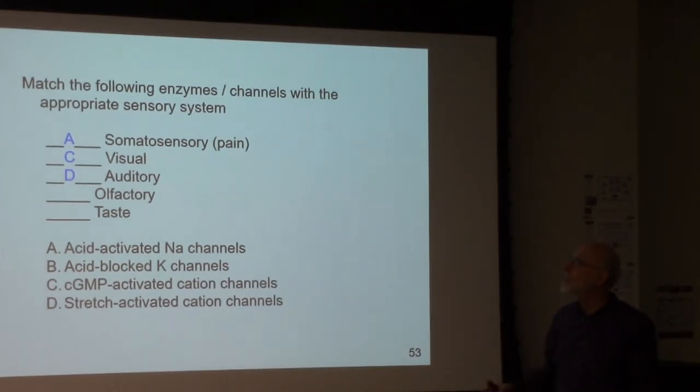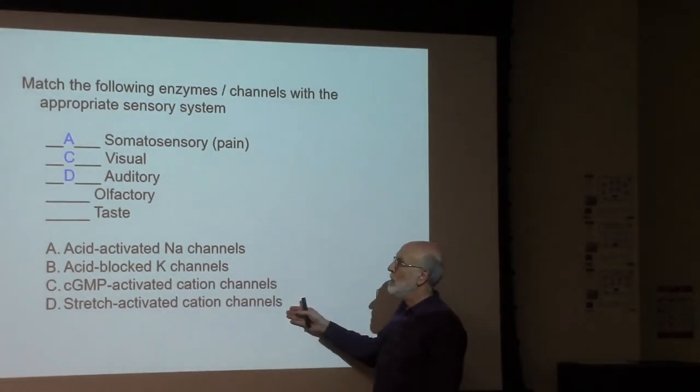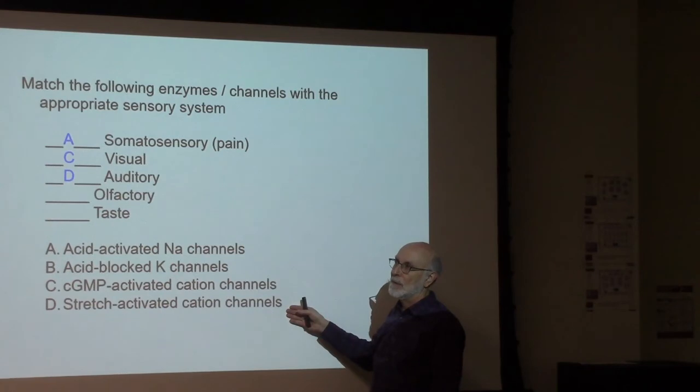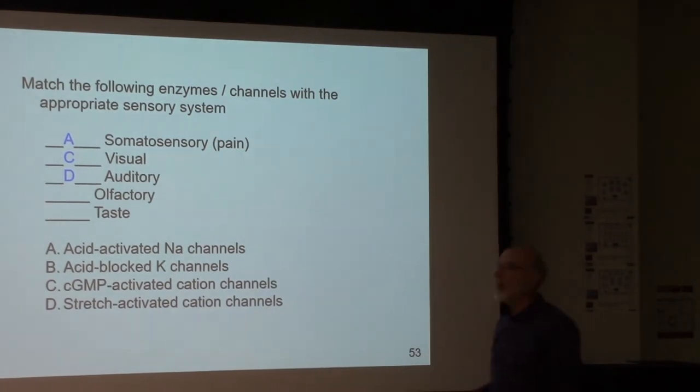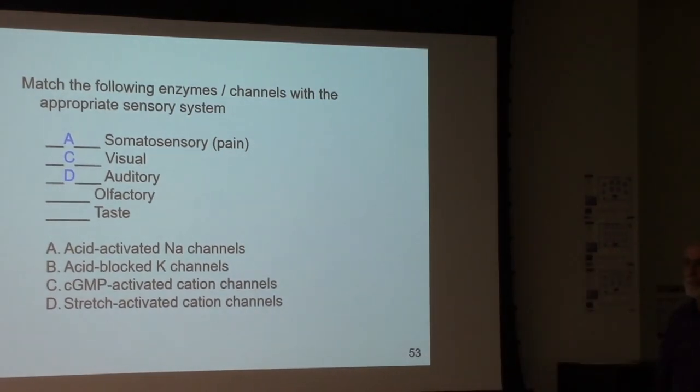Olfactory system. Which of these, if any, is associated with the olfactory? None of those. It's cyclic AMP gated cation channels.